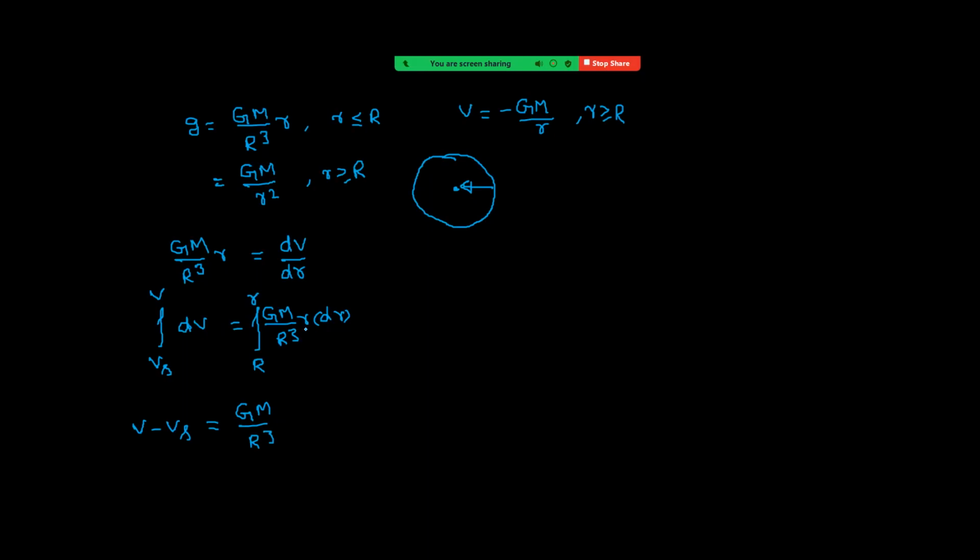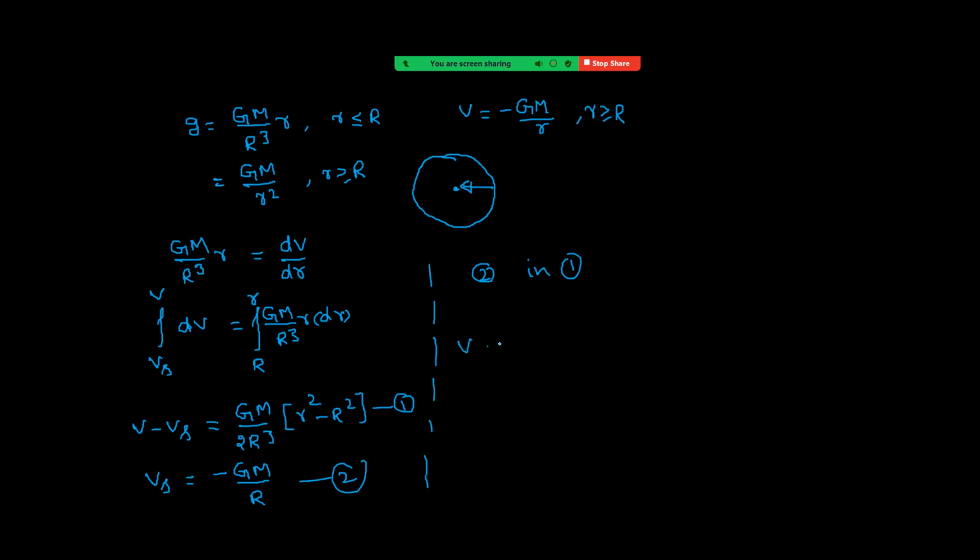Check it once, I am taking 2 outside. It is r square minus R square. And here we substitute Vs, potential on surface, equal to minus GM by capital R. Suppose this is 1 and this is 2. So take now 2 in 1.